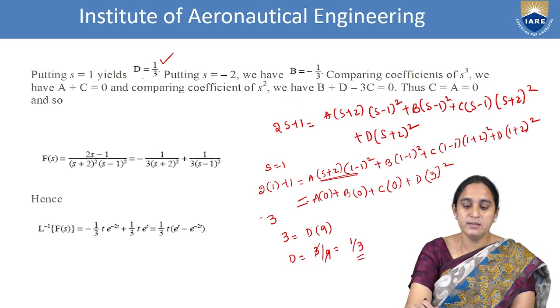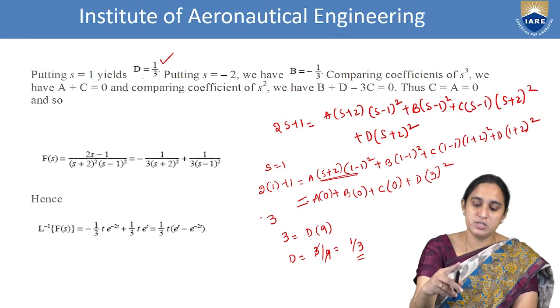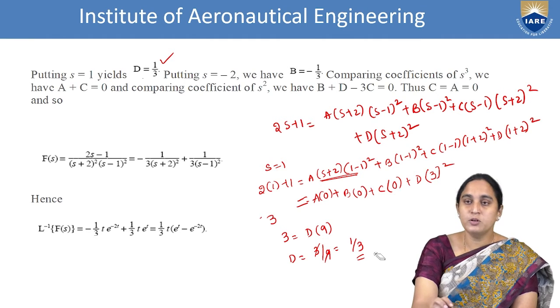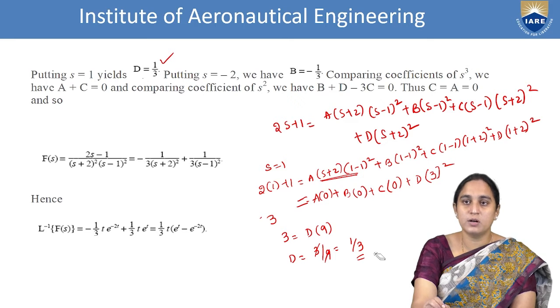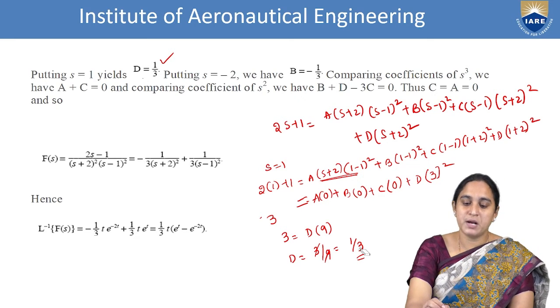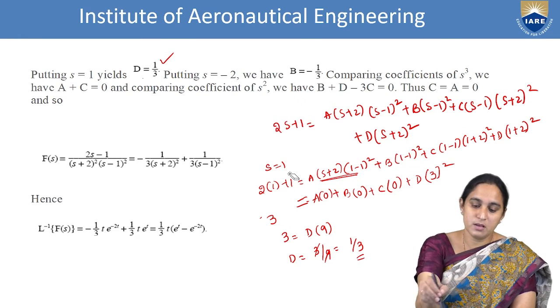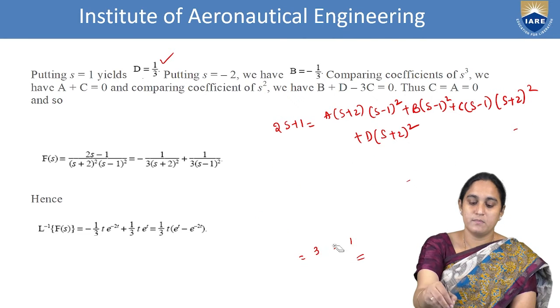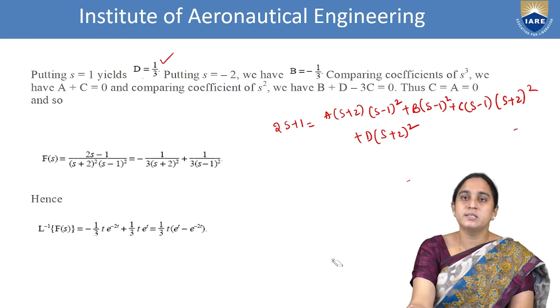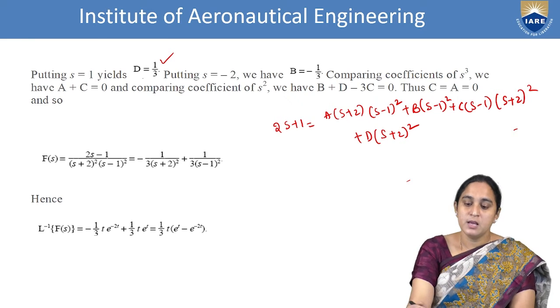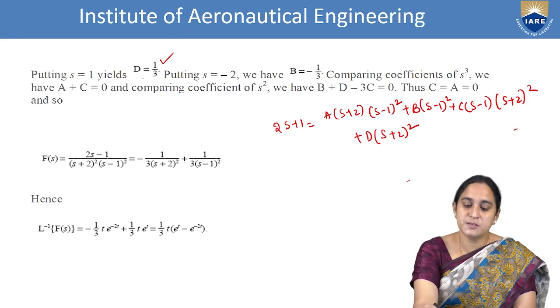If you substitute s is equal to 1, in that case we got d is equal to 1 by 3. For the same equation, here we got only one unknown value, that is d as 1 by 3. What about the remaining parts, the a, b, c values? Now I am substituting s is equal to minus 2.